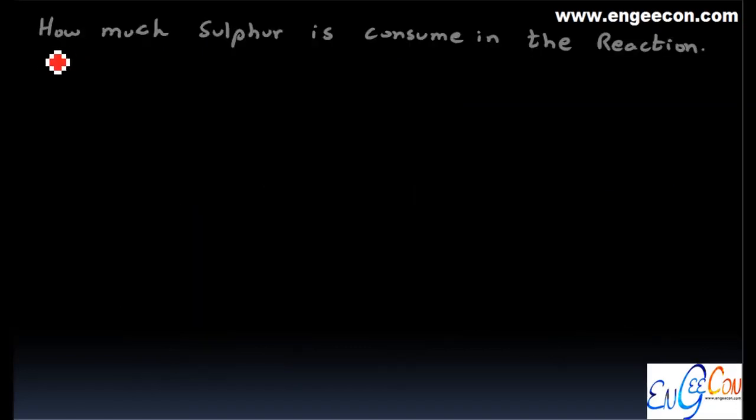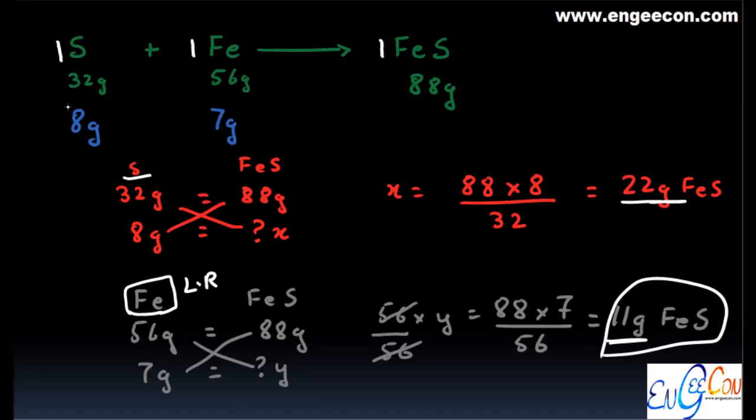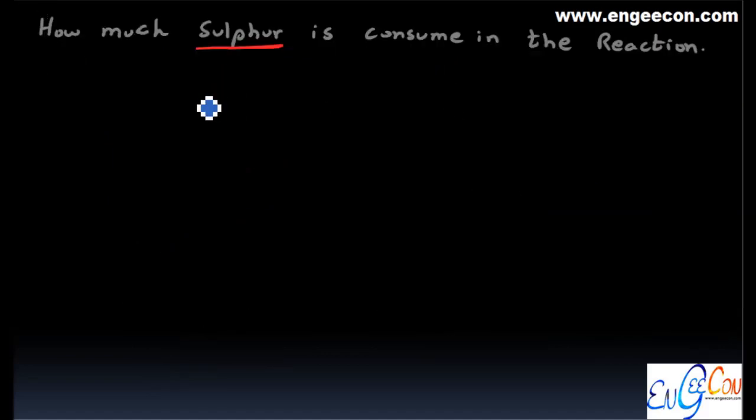They can ask how much sulfur is consumed in the reaction. So according to the reaction, 32 gram of sulfur is mixed with 56 gram of iron to form 88 gram of ferrous sulfate. So 56 gram of iron consumes 32 gram of sulfur.